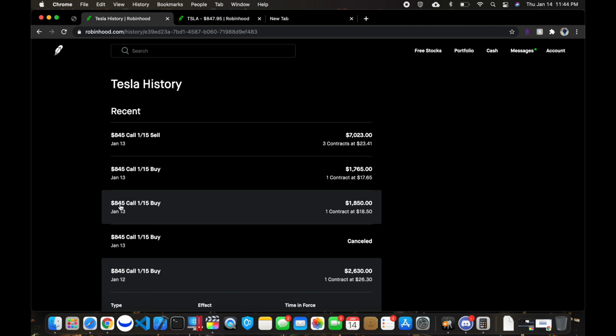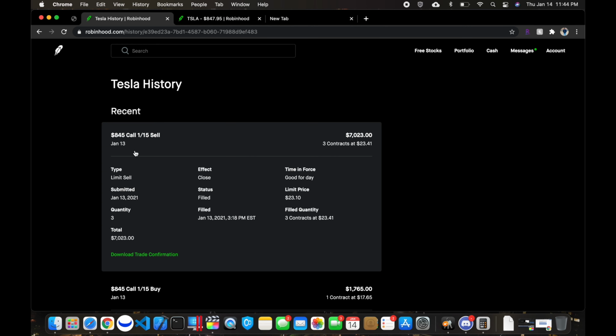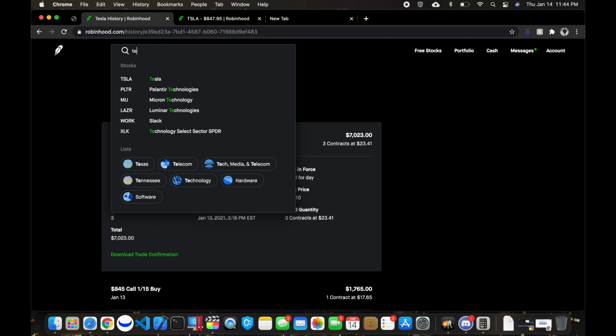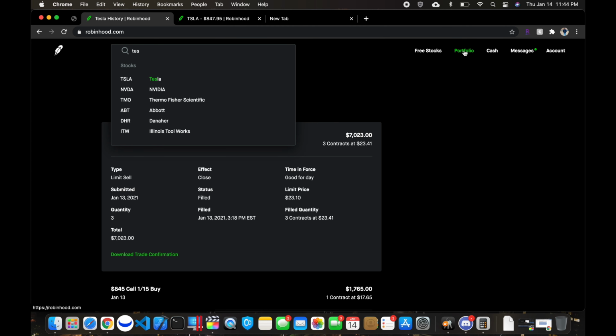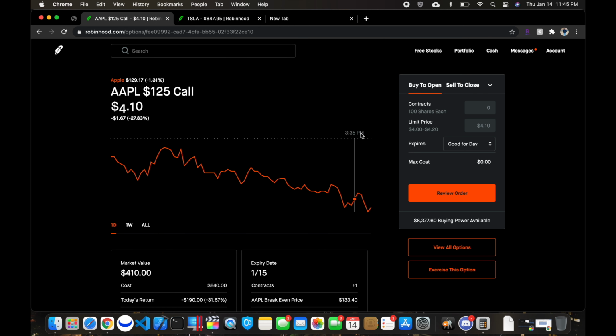So to count as one day trade, what you can do is buy 10 Tesla calls and sell them on the same day with the same transaction. So for example, what do I mean by that? Well, let's say I go to a stock that I own right now. I'll go to Apple. So I own one Apple.